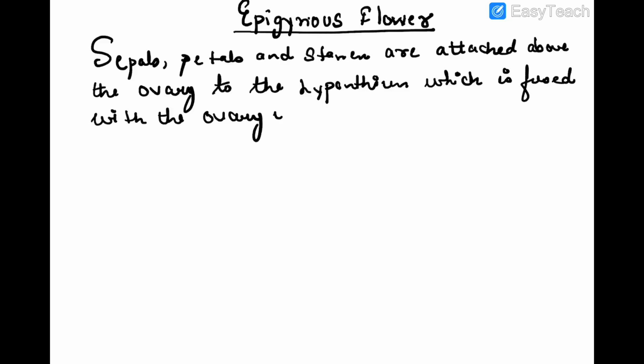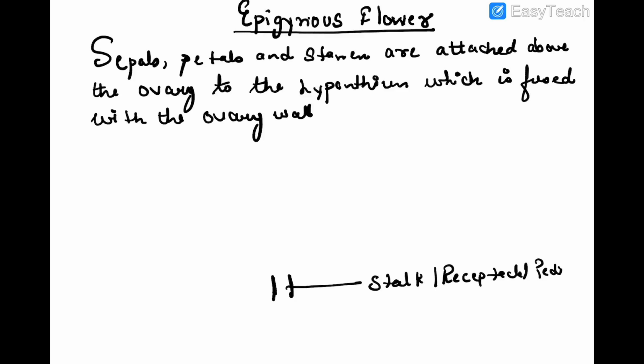Let us understand this with the help of a diagram. So if this is the stalk or receptacle or pedicel, then the elongation of this pedicel is known as the hypanthium. So this, which I have drawn in red, is the hypanthium.